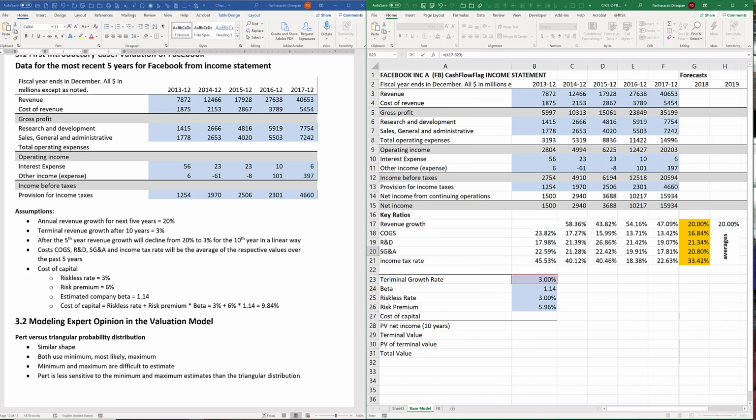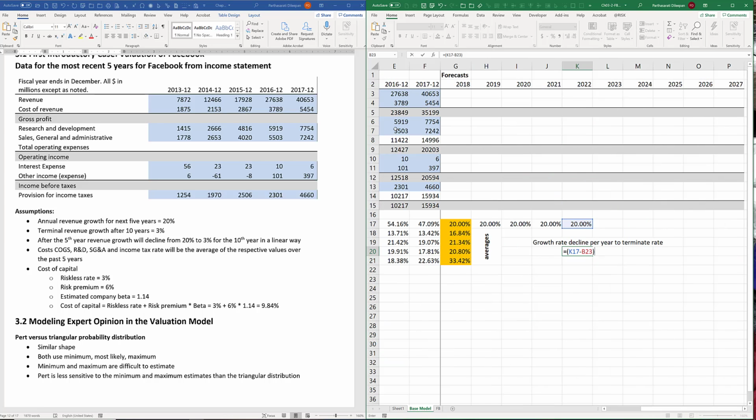So that's the total amount of reduction that must take place, and we say that we want to do that year after year over 5 years. So this is the amount of decline in revenue that should take place each year for the growth rate to go down from 20% to 3%.